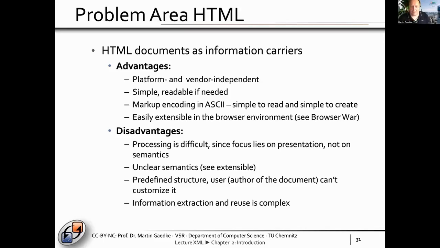For instance, the processing that we will see later on is very difficult, and sometimes even the semantics of these tags, which we put on the text, on the content, is unclear, and only from the visual point of view might be clear, but from the interpretation point of view, from the real meaning point of view, there are examples that are really unclear and therefore difficult if we want to use HTML, for instance, not only to display content, but also to move content from one computer to another in the context of exchanging data.